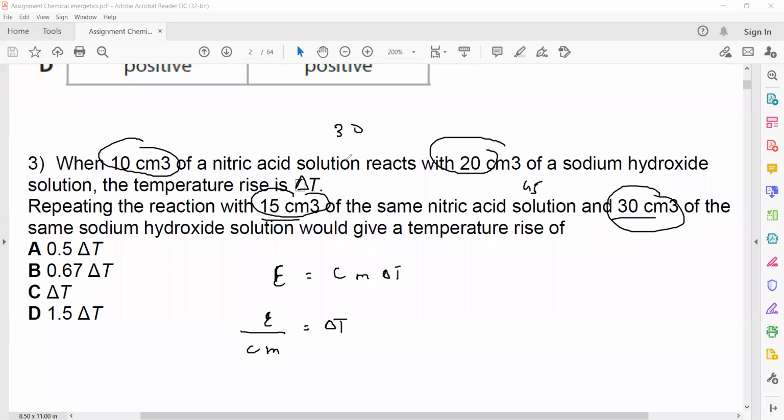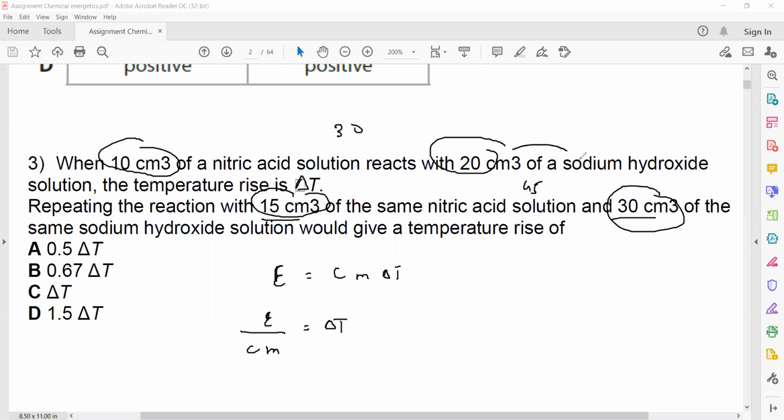But what about the energy? Because when you compare the total amount, 10 cm cube of nitric acid reacts with 20 cm cube, and the reaction is repeated using 15 cm cube of nitric acid and 30 cm cube of sodium hydroxide.